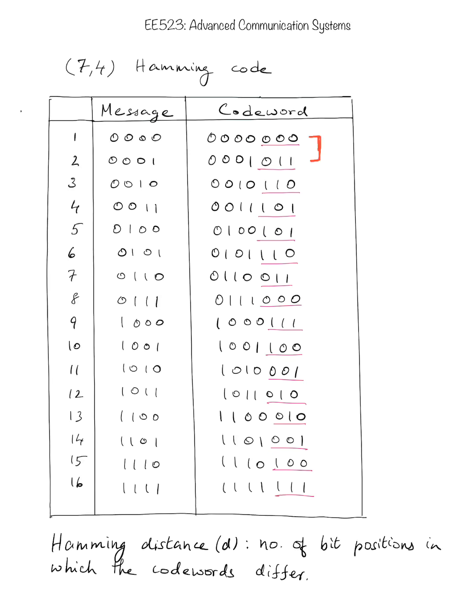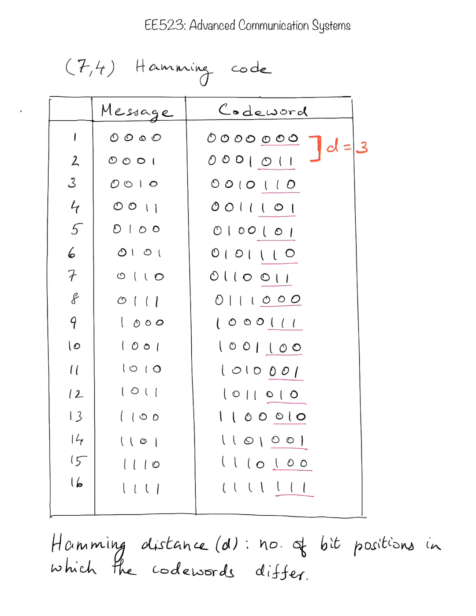The fifth bit is the same, the sixth bit is different, so that's two positions, and the seventh bit is also different. So totally we have a difference in 3 bit positions. So the Hamming distance between code word 1 and code word 2 is D equal to 3.